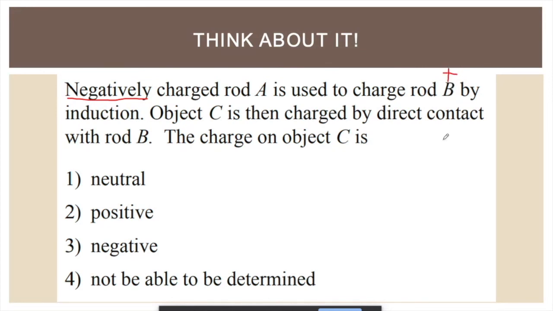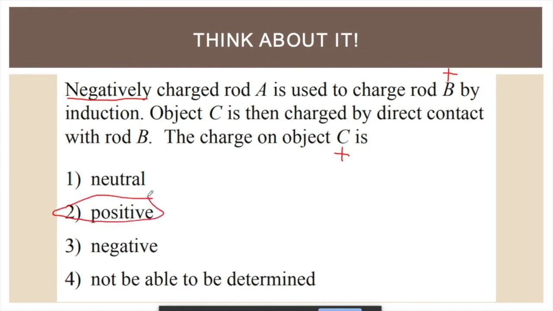Now it says object C is charged by direct contact with rod B. That means object C is charged by conduction. And that means when object C is charged by conduction, it gets the same charge as the charging object, which would be positive. That makes the answer here choice 2.